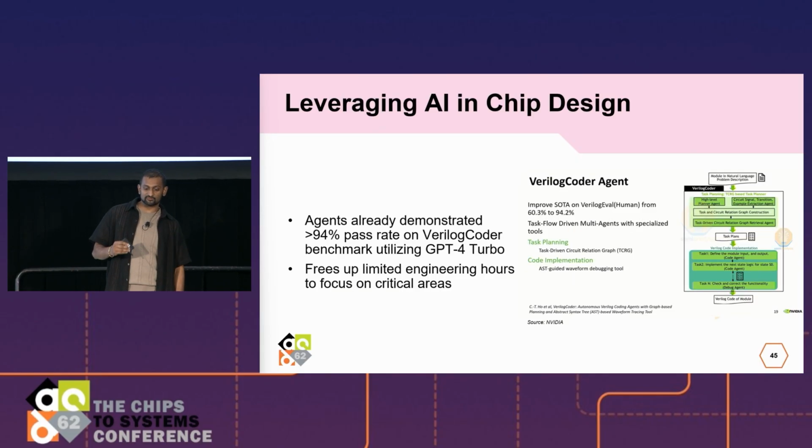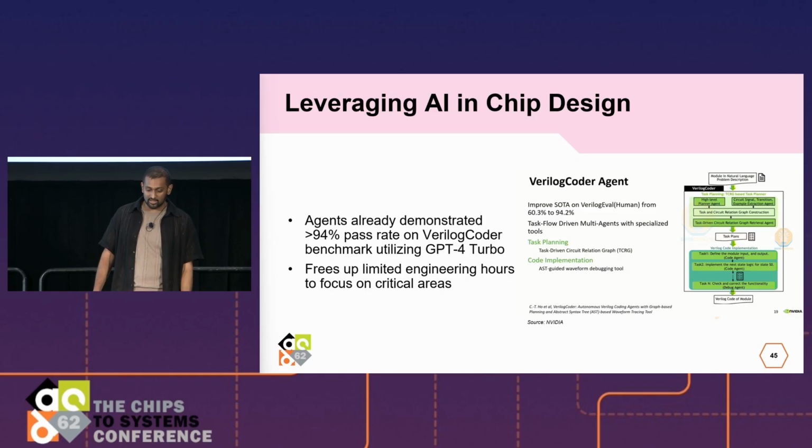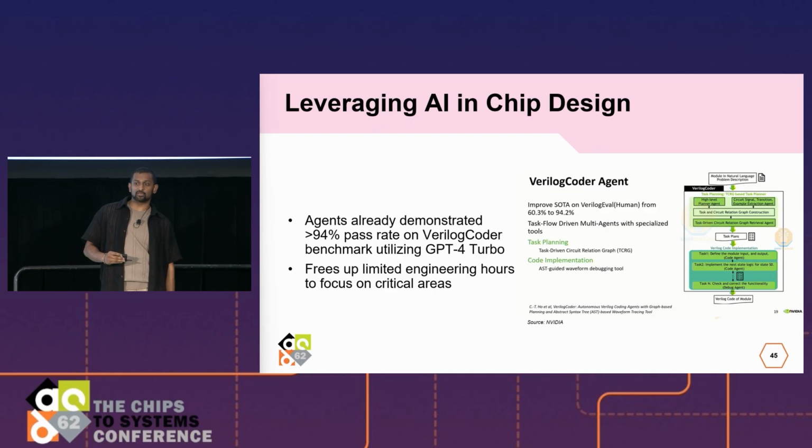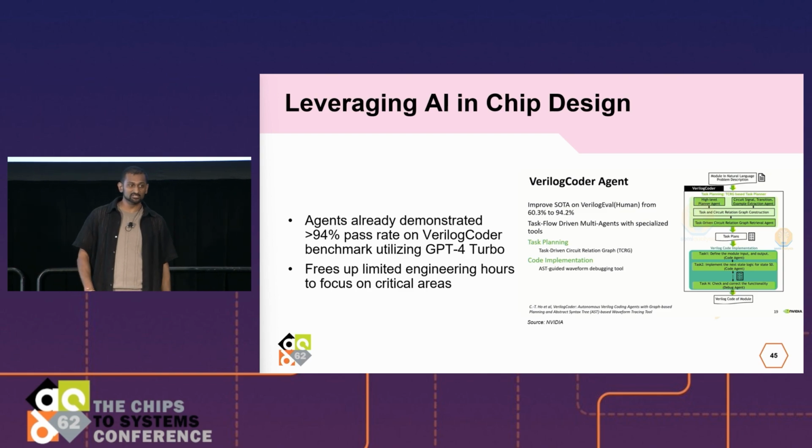And there's all sorts of stuff all the way from generating Verilog to verification. There's really a lot of different areas where AI is being used in chip design. And so it's not a question of, hey, what can this do to help me save time? I literally won't be able to design my next chip if I don't start adopting these technologies.